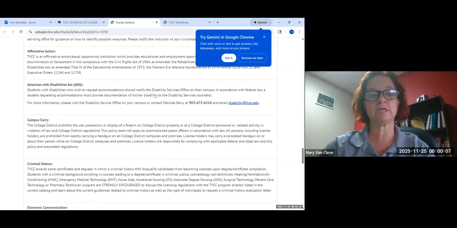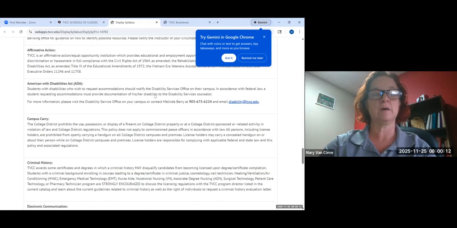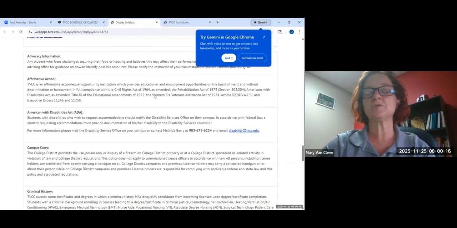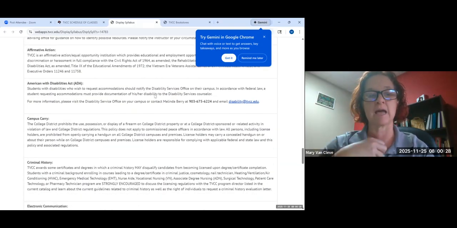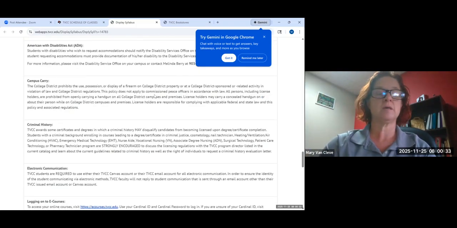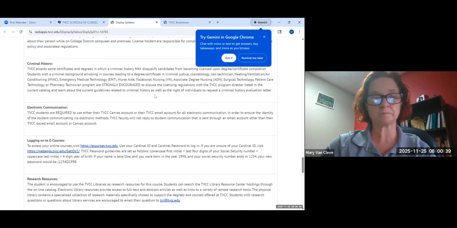Most of the information here is going to be more reflective of being on campus, but we do have an advocacy center. Please do let us know if you have any concerns. Affirmative action is basically that we do not discriminate, so you can please read through that, and the Disabilities Act, as well as our campus carry policy, which of course applies if you are on campus, criminal history, and electronic communication as well.